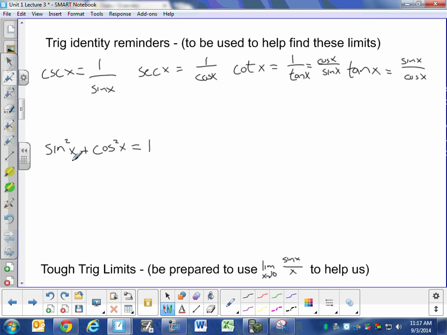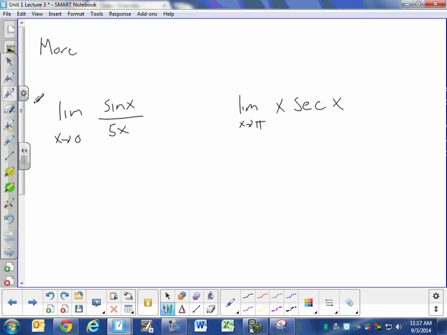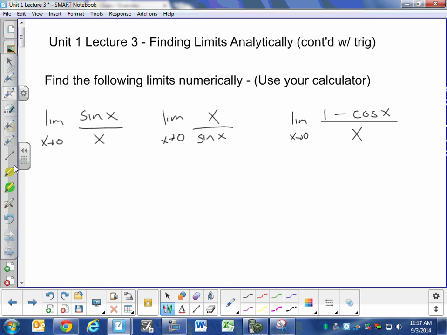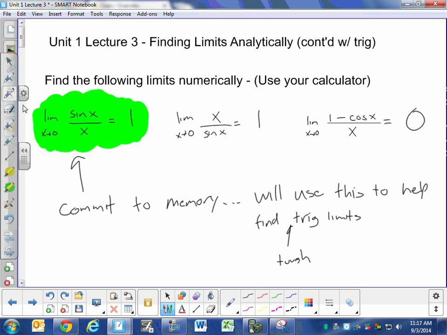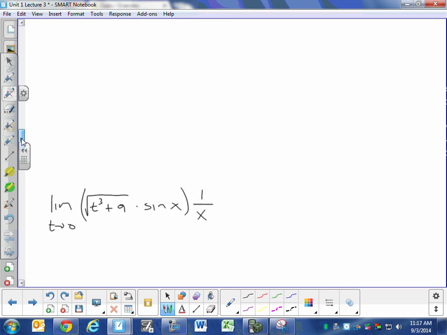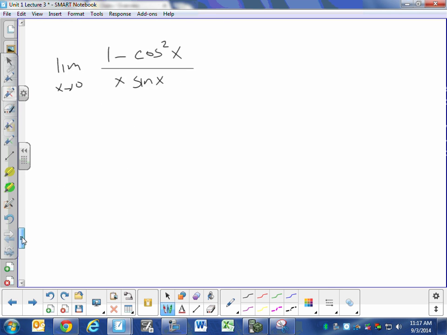Well, watch. We can do a lot of stuff with this one to get all the other ones that you might have forgotten. First thing we could do is manipulate this one by subtracting.